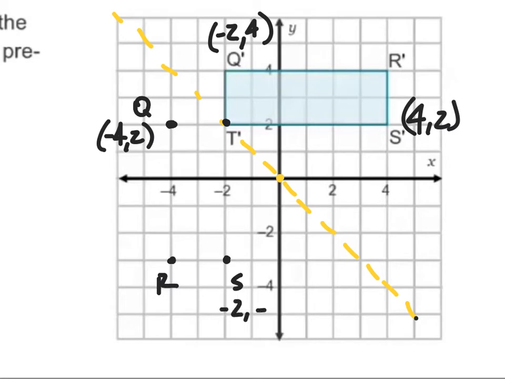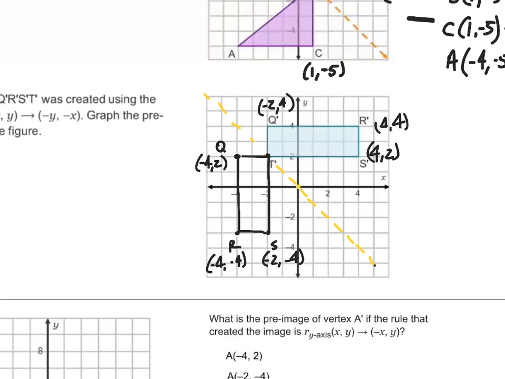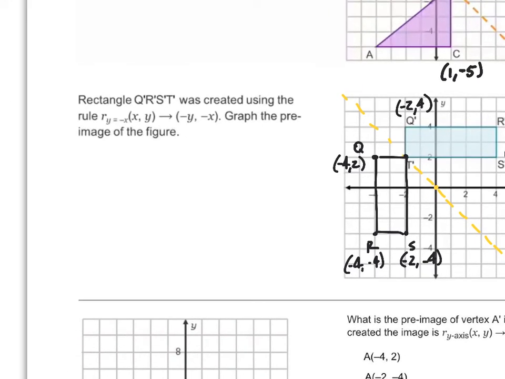Same thing for R: R prime is 4, 4, and then R is going to be the point negative 4, negative 4. And you can just draw them there. You don't need to write out all the points all the time. Sometimes it really helps, sometimes it's what the question asks you to do. But I would be able to read this and know what it's saying. And that means we're going to switch our x and y values and make them opposites.